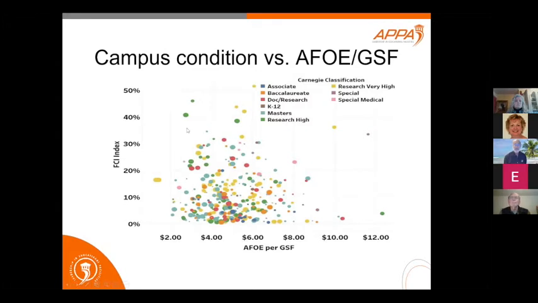And he had theorized a hyperbolic curve that went sort of like this. And interestingly enough, the data here seems to suggest that there's some sort of relationship between the condition of the campus and the amount of money that we're spending.